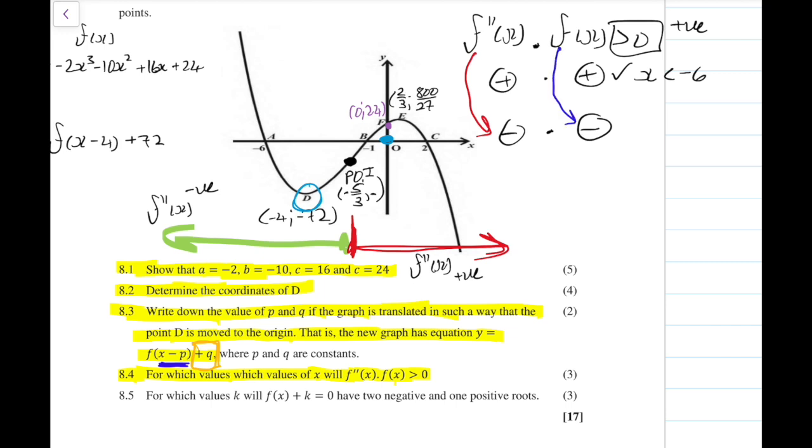It's negative from minus 5 over 3 to minus 1, and when it's greater than 2, it's negative again. So yes, this does exist. It's for when x is between minus 5 over 3 and minus 1, or when x is greater than 2.